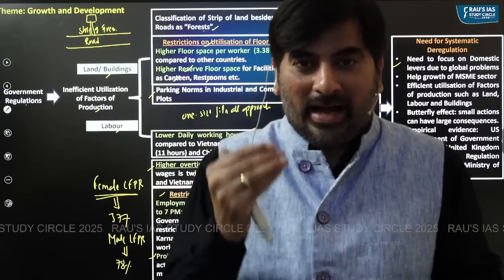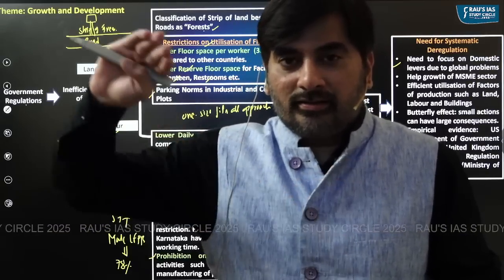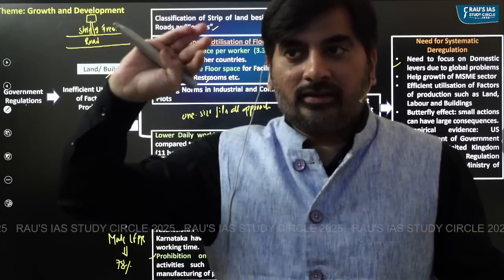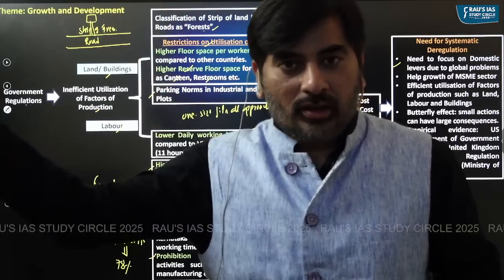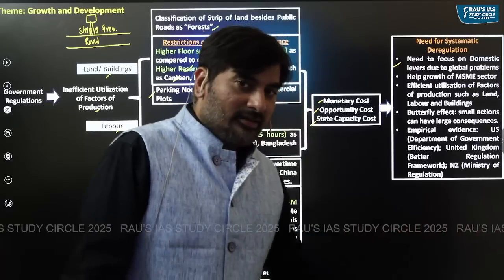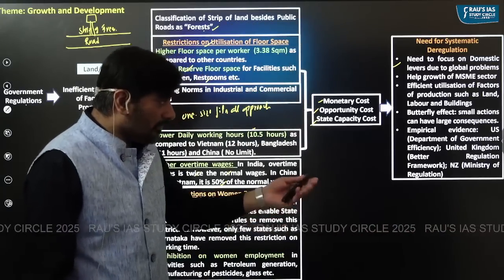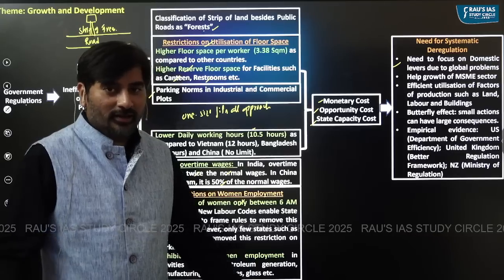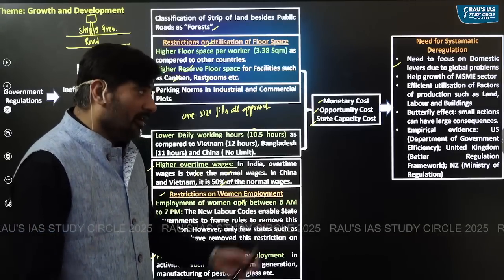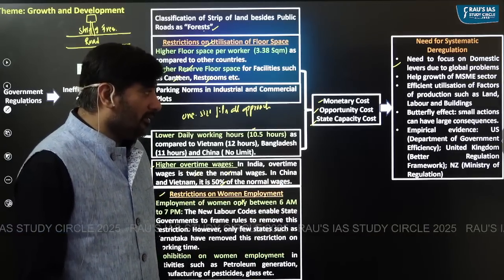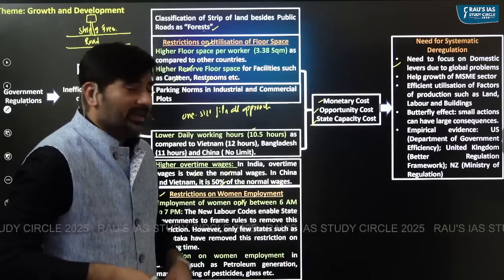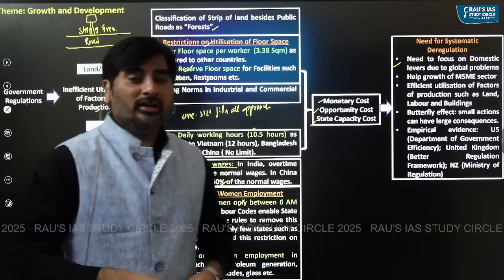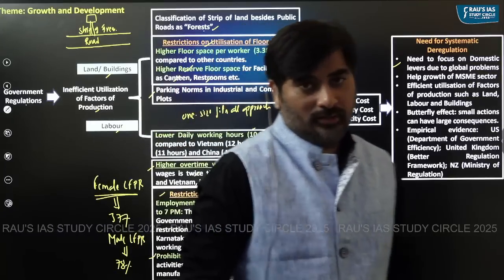So if we have that balanced regulation, the industries will grow, and if the industries grow, job creation will increase, and increase in job creation will help us become a Viksit Bharat as well. And other countries are also focusing a lot on improving their efficiency. The best example being the US. The US has set up a separate Department of Government Efficiency, right? So this is why we need to go for systematic deregulation.